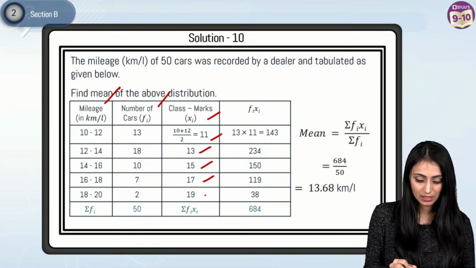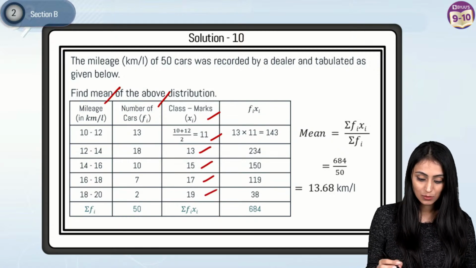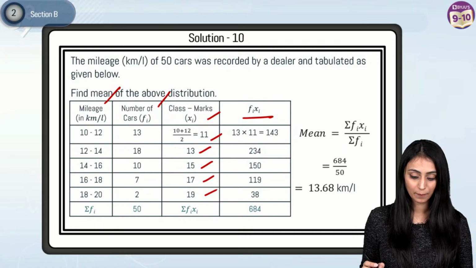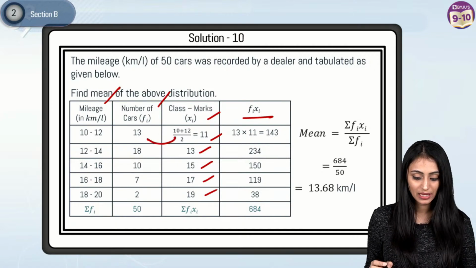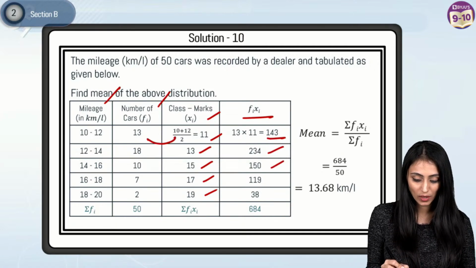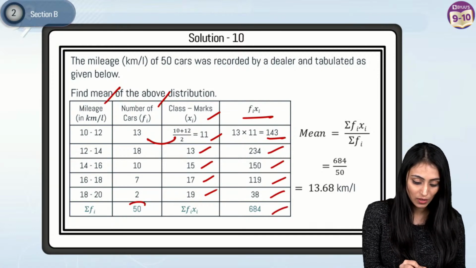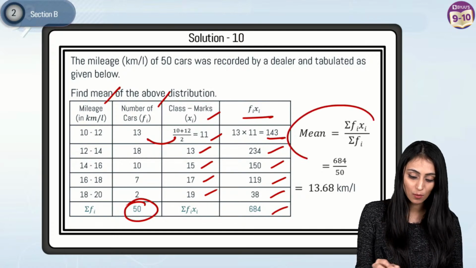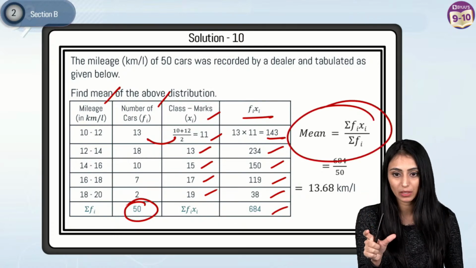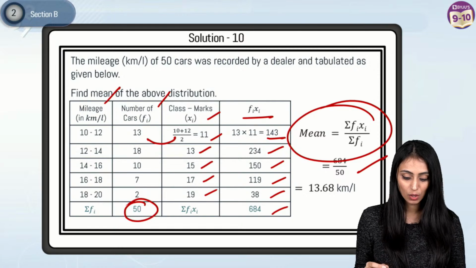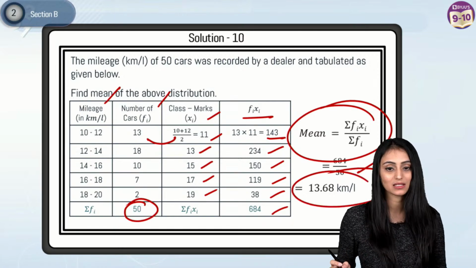This is 13, 15, 17, 19, right? And similarly here we are finding out fi xi. So we'll multiply each value of fi with the xi, that's 143, 234, 150, 119, 38, and total in this case would be 684. Total for fi would be 50. And this is the formula for the mean. I hope you have mentioned the formula in the paper while solving this. That's 684 by 50, which is 13.68 kilometer per liter.